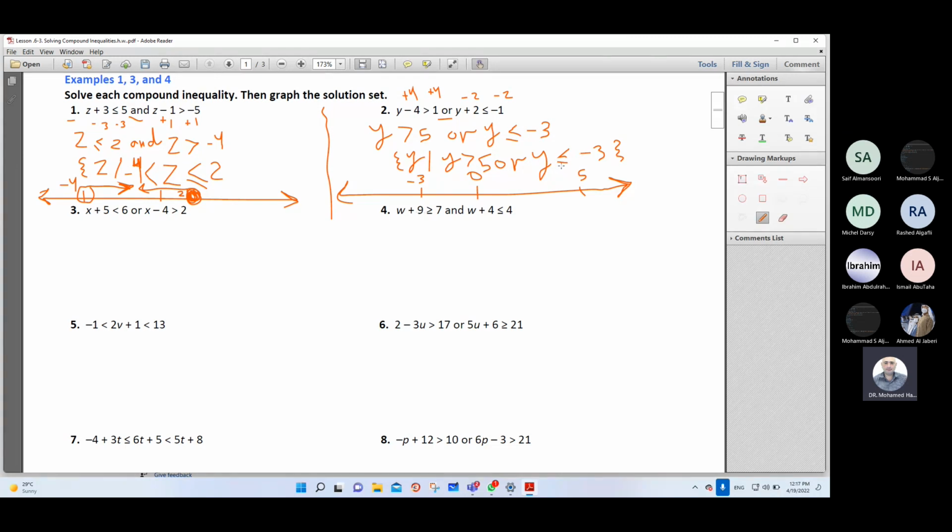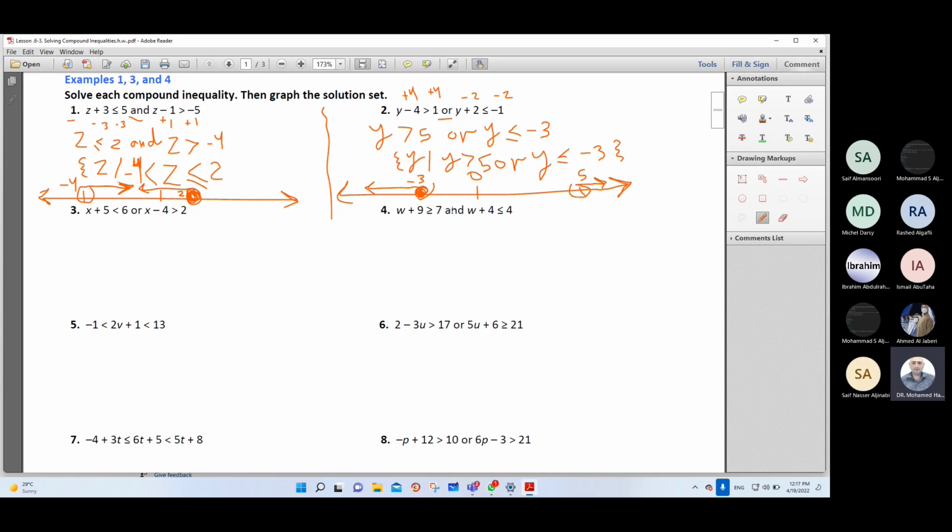As you see here in the sign you have equal, so use the shaded circle, and y less than means the direction to the negative side. And here we don't have equal in the sign, so use an open circle, and y greater than goes to the positive side.